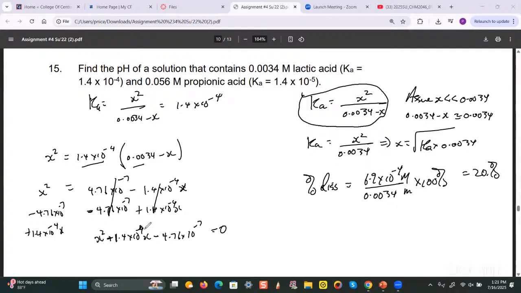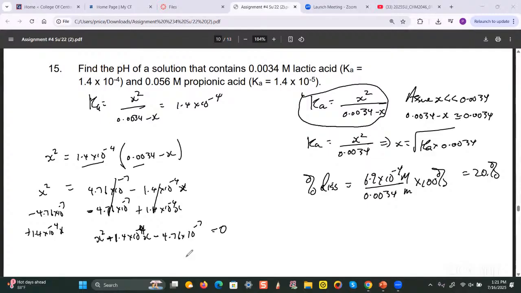All right, so this is minus 4, that's minus 7. So basically we need to solve this quadratic equation.